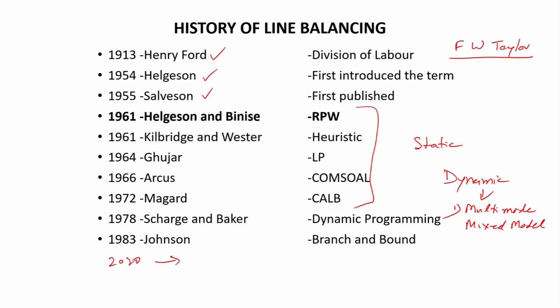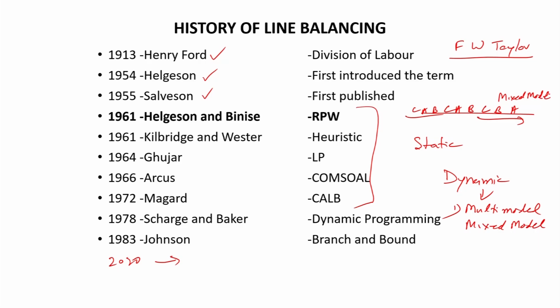In mixed model, the components are manufactured in a mixed manner. That means first you are manufacturing model A, then B, then C, and then maybe again B, again A, C, or in any manner like this, as the conveyor is moving in this direction. Or there may be 2 units of it. So, that is called mixed model.